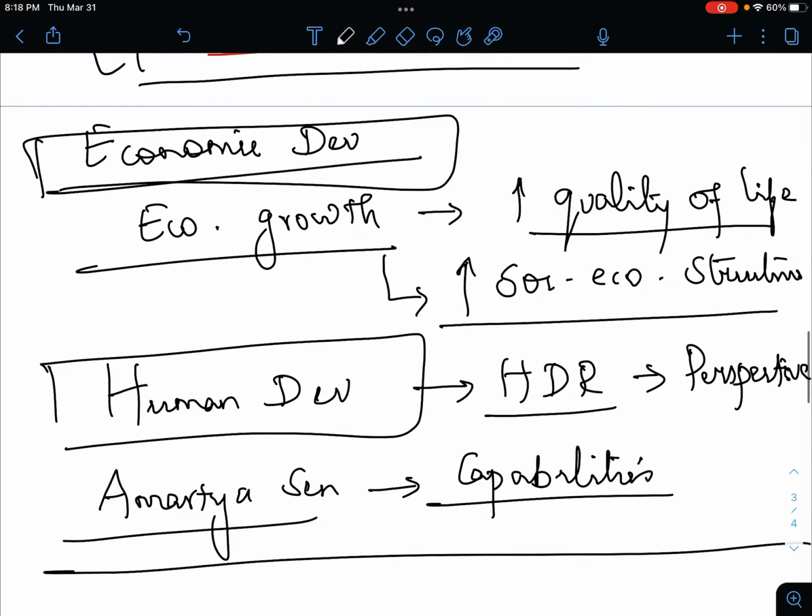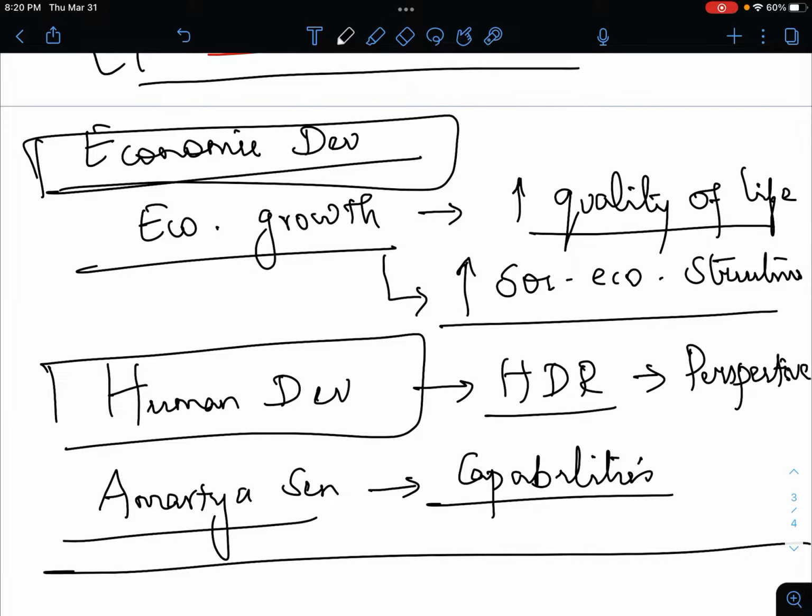Now to begin with, you must write what is economic development. Economic development is nothing but economic growth with improved quality of life for all the humans, as well as improved socio-economic structure in a country.